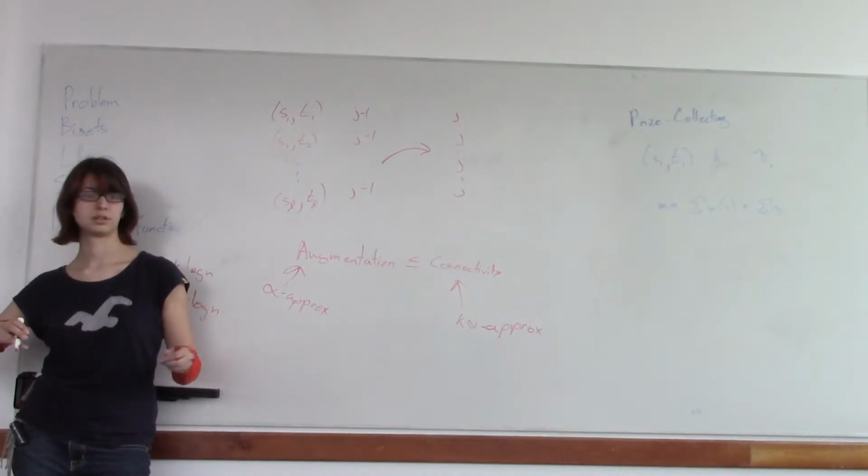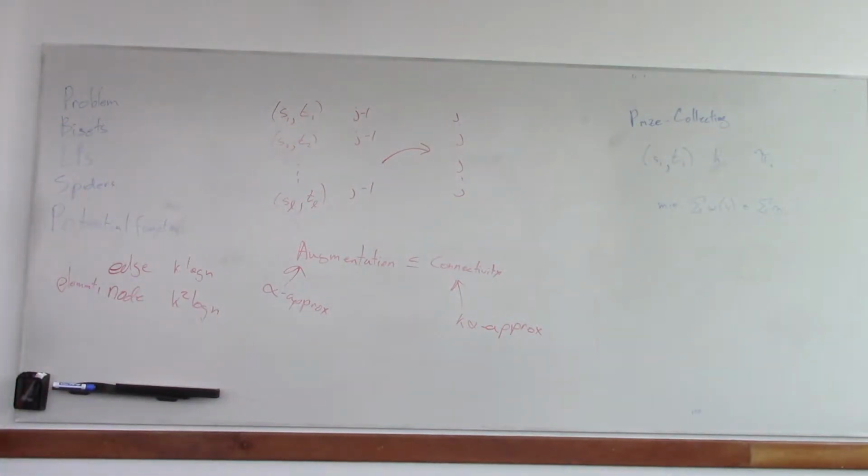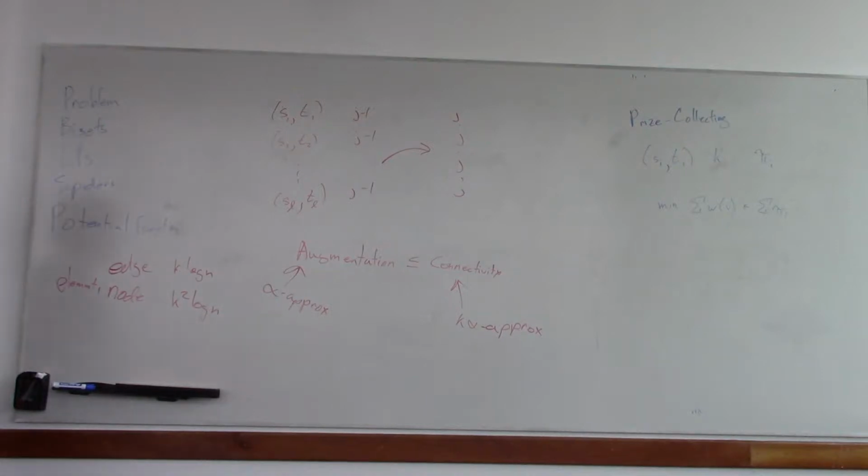Also, you only consider those pairs from j minus 1 to j, the ones who have the requirement of j. The ones which have the requirement of just j minus 1, you'll just forget about them. Yeah. Okay. Nothing fancy. We're going to work on the augmentation problem from this point on.